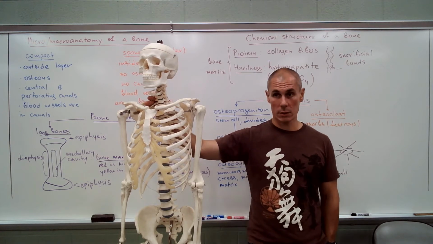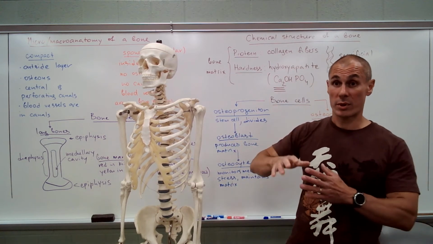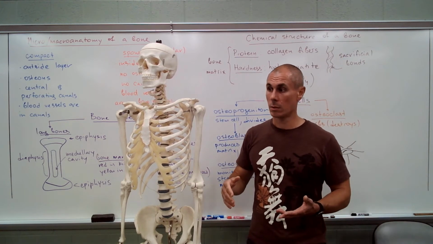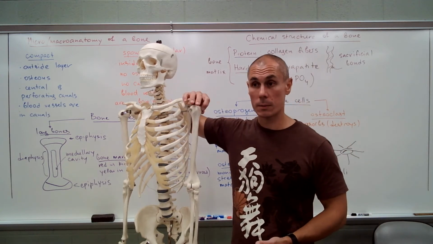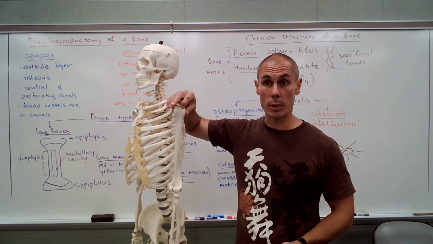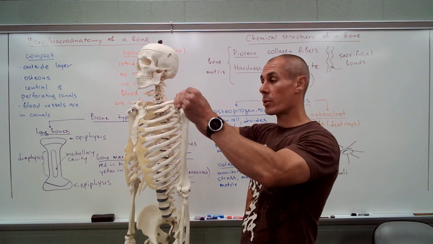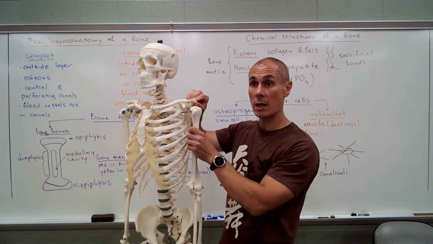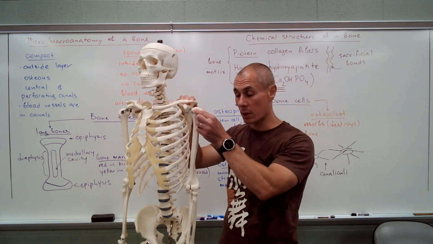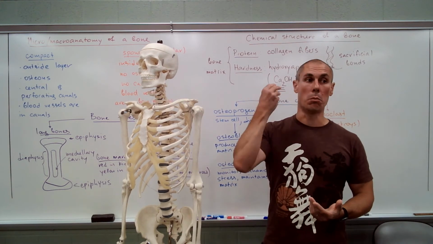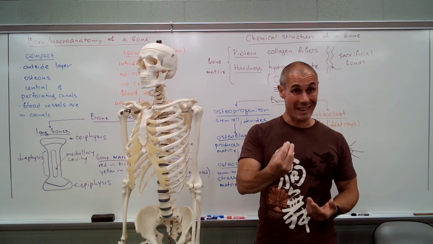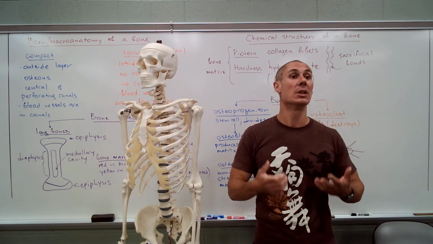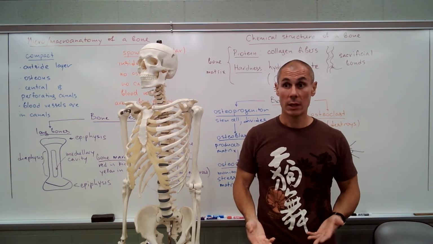What I'm saying is this. There are projections on the bones, like tubercles here, greater and lesser tubercle. If you see a projection, like a process, like this acromion process, okay? If you see a process, if you see a tubercle, what does that mean? There is a muscle that attaches at that place and pulls the bone. Does that make sense? That's the idea.